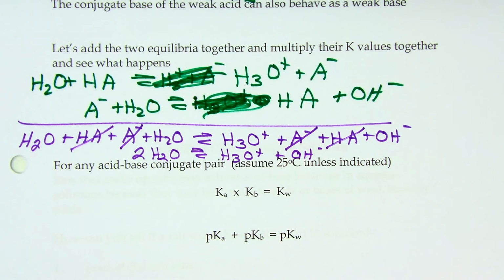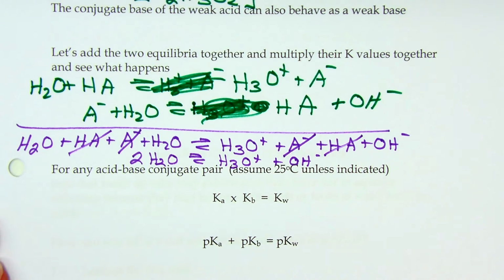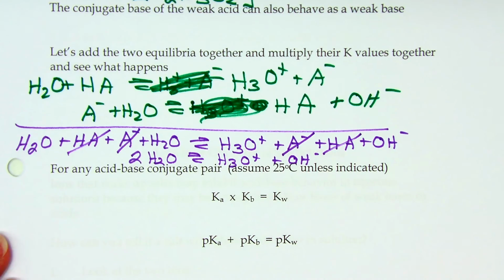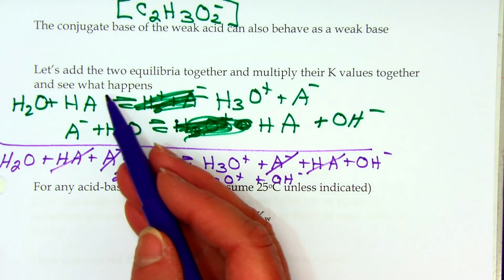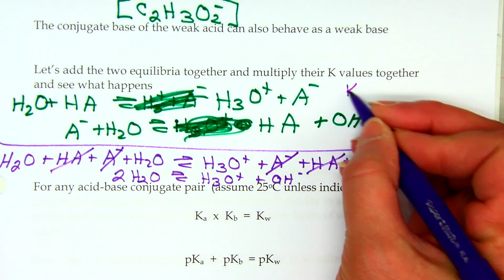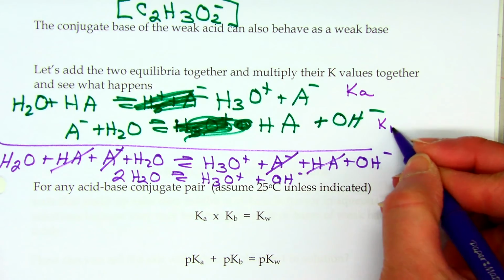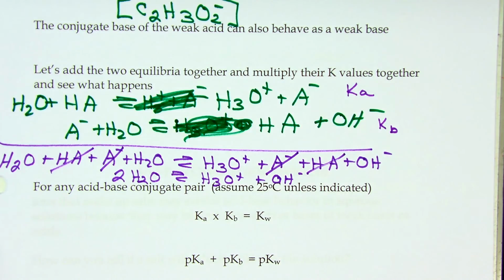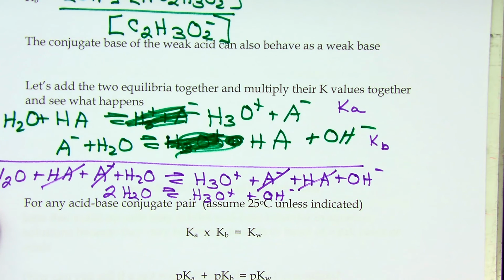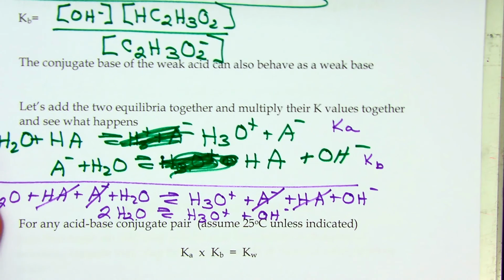So now let's look at what happens with our K values. Remember back in chapter 15 when we talked about multiplying things together, adding equations, and manipulating K values. We said that this was represented by Ka and this is represented by Kb. So when we add these together, we can multiply together the equilibrium constants.